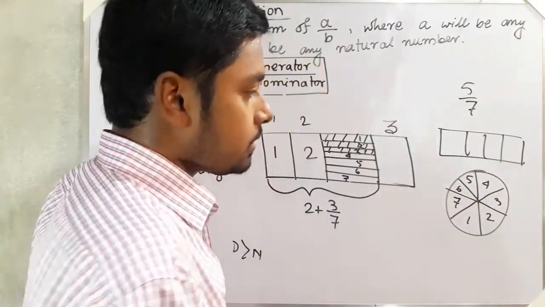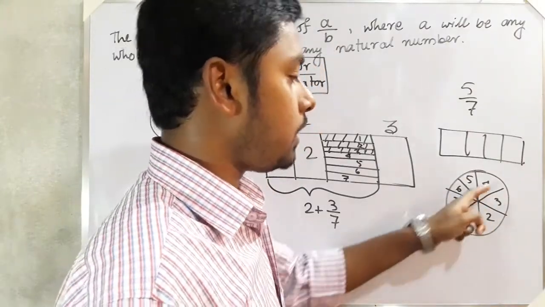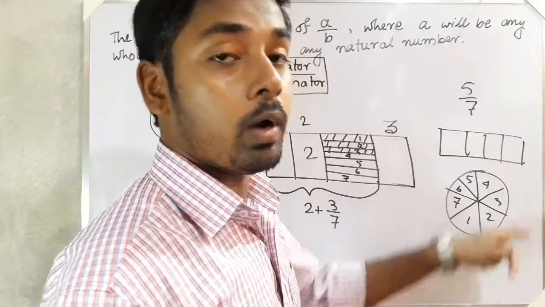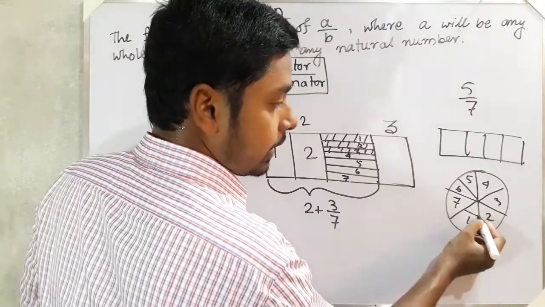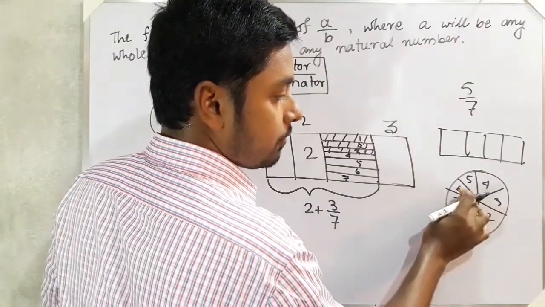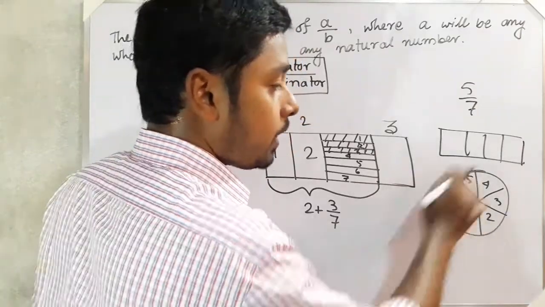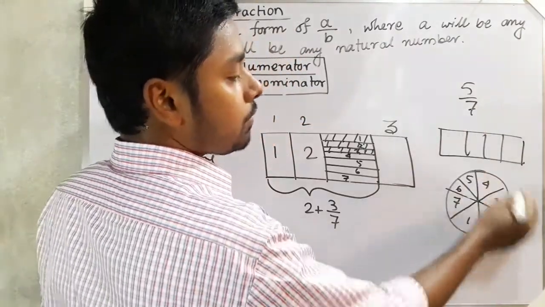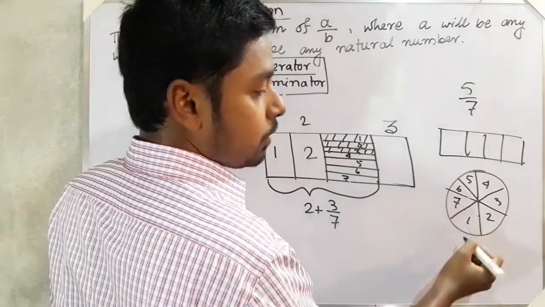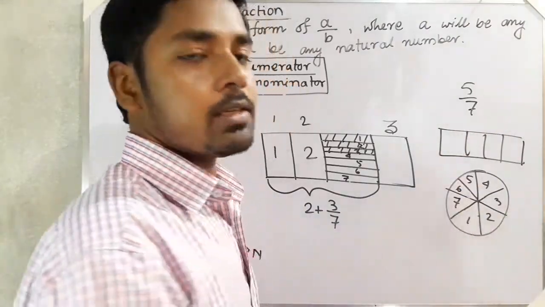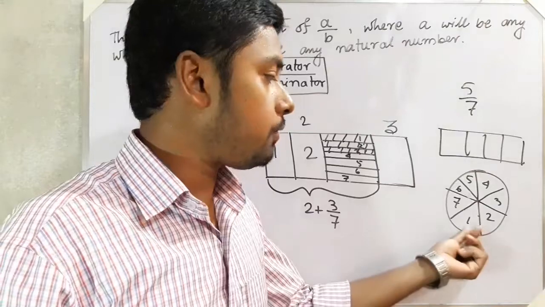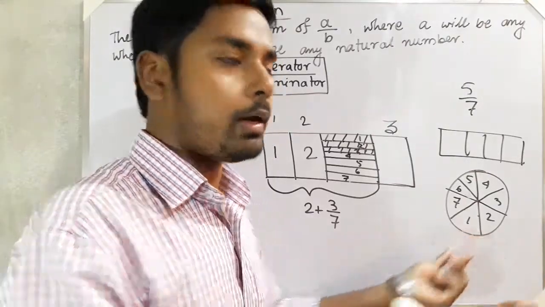Here you can see some parts are not equal to others, but you have to make all parts equal. All parts should be the same. Now out of 7 parts, we have to represent 5 parts. It is not compulsory to start with the first part. Any 5 parts you can represent.